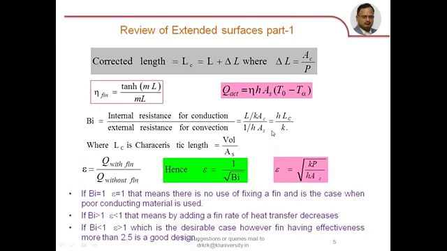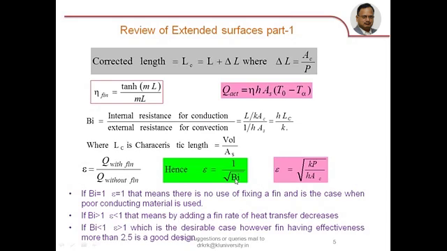This case occurs when you choose a fin of very low thermal conducting material, or when you choose a fin under high convective heat transfer environment. If h is too high or k is too low, Biot number will tend to be greater than 1 and effectiveness will become less than 1. Under such circumstances, adding fin is not desirable.